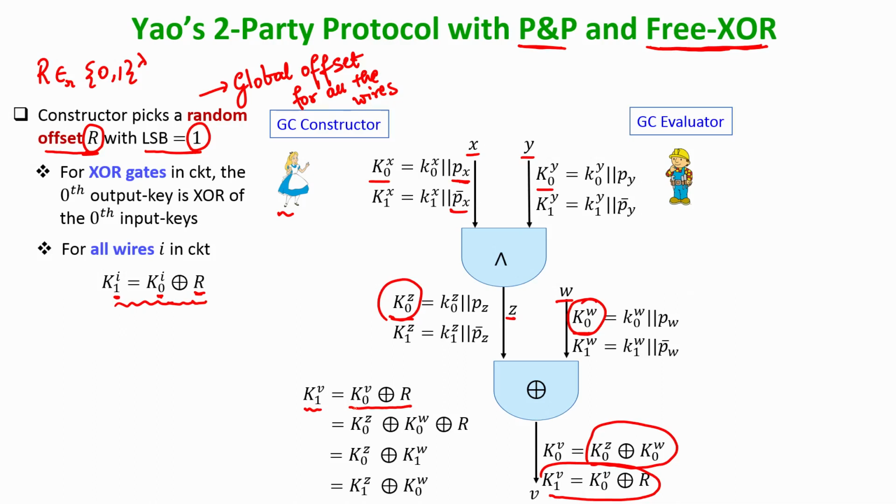And what is the 0 key assigned to the V wire? It is anyhow the XOR of the 0 keys assigned to the inputs of this XOR gate. And now I can say the following: if I consider this value, this is nothing but the W key corresponding to value 1.